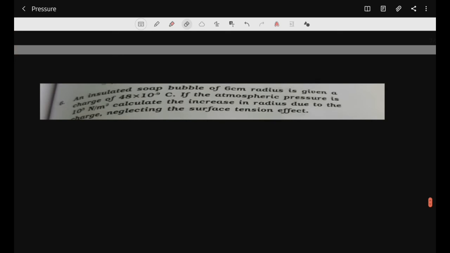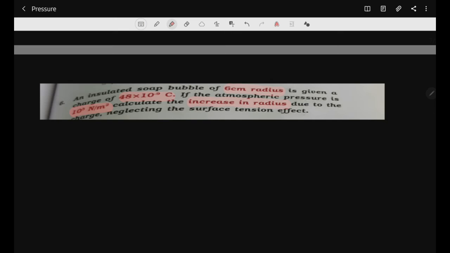In this problem, again we are given a soap bubble of radius 6 centimeter, and it is given a charge of 48 into 10 raised to minus 9 coulombs, and the atmospheric pressure is 10 raised to 5 Newton per meter square. We have to calculate the increase in the radius, that is the change in the radius.